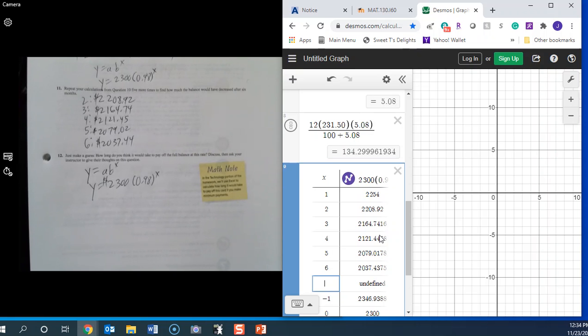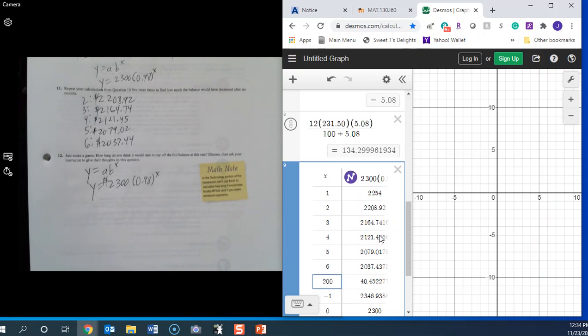Okay, so let's try something here. I want to try some big numbers. Let's do 200. Okay, 200 doesn't work. Let's try 300. Look at 300. It's down to $5.36. 301, 302, 303, 304.